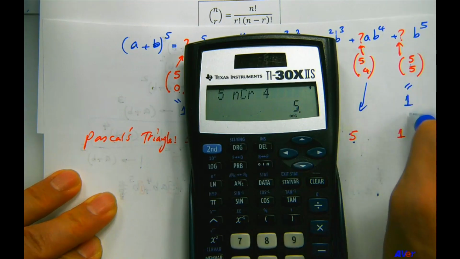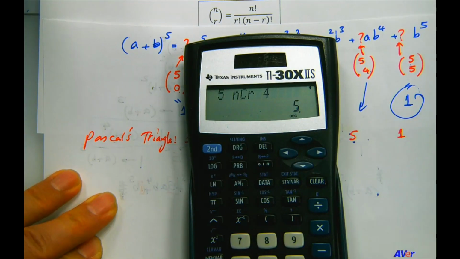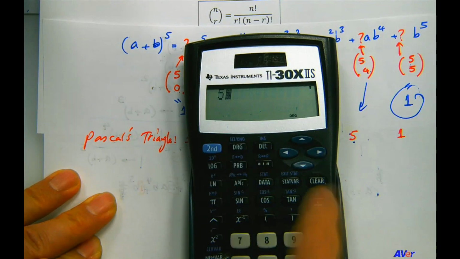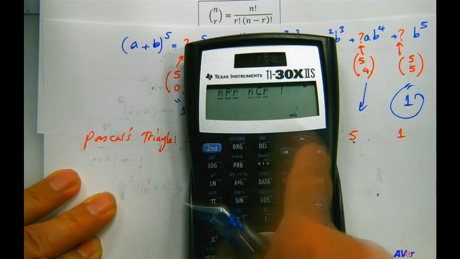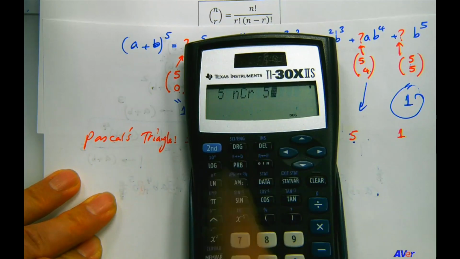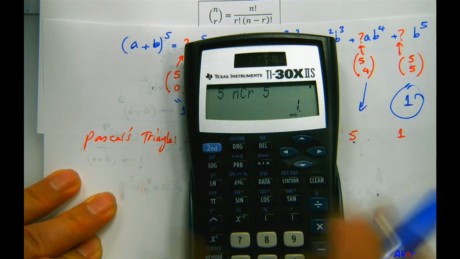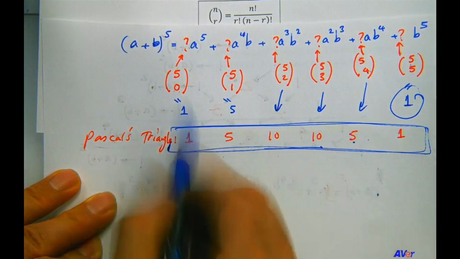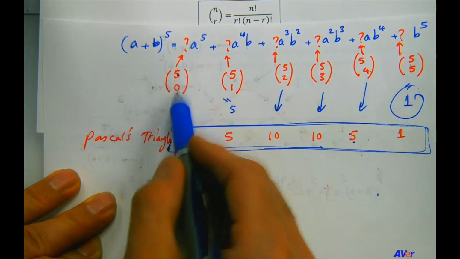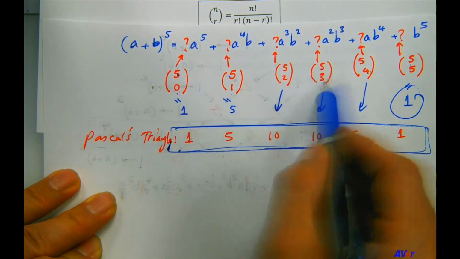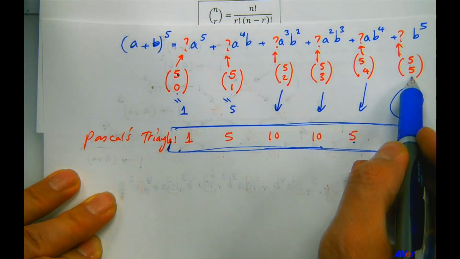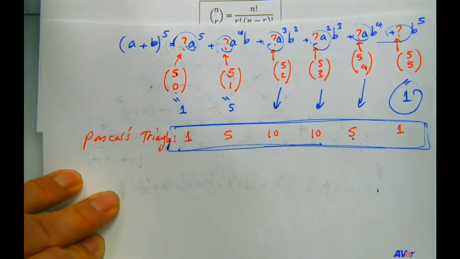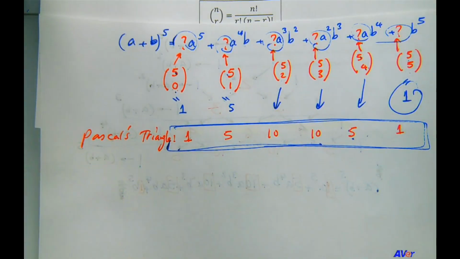Let's see if we're going to get the one that I wrote down. 1. We have it, right? So we were able to get, using the binomial theorem, 5 choose 0, 5 choose 1, 5 choose 2, 5 choose 3, 5 choose 4, 5 choose 5. We were able to calculate all those question marks, which are the coefficients of the binomial expansion.